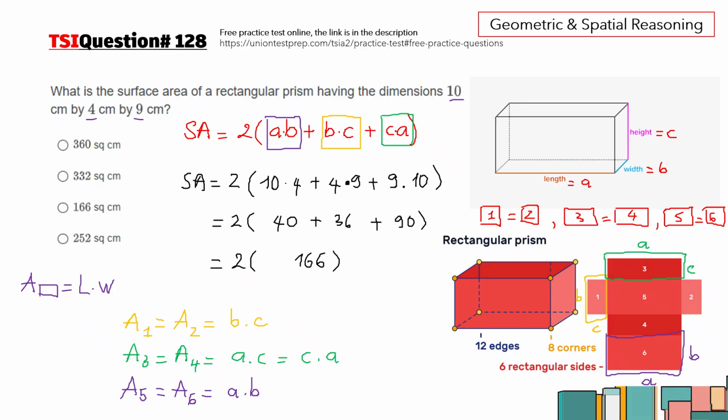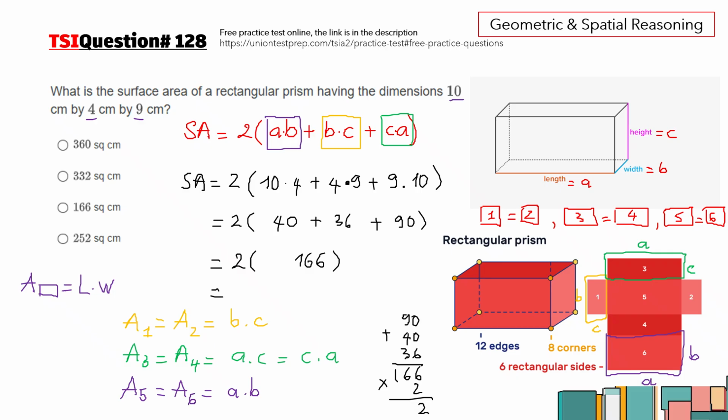You can check it: 90 add 40 is 130, add 36 is 166. Now we do the multiplication by 2, so we take 166 times 2. 2 times 6 is 12, write 2, remember 1.